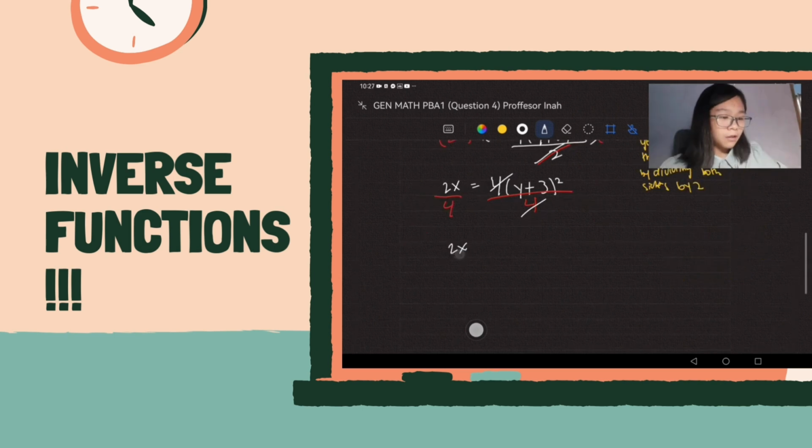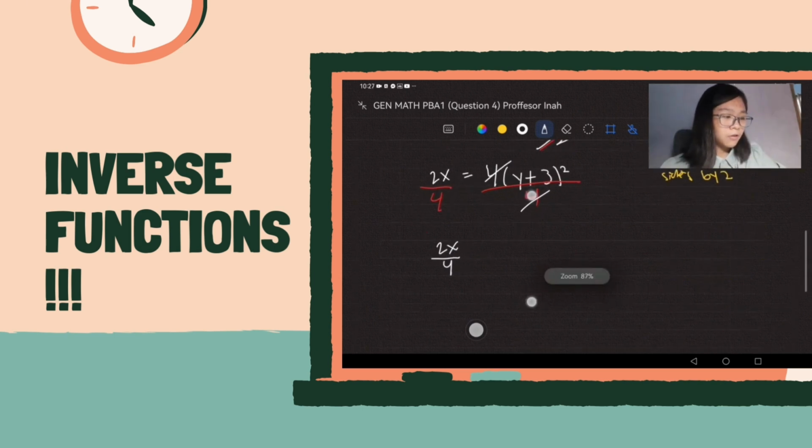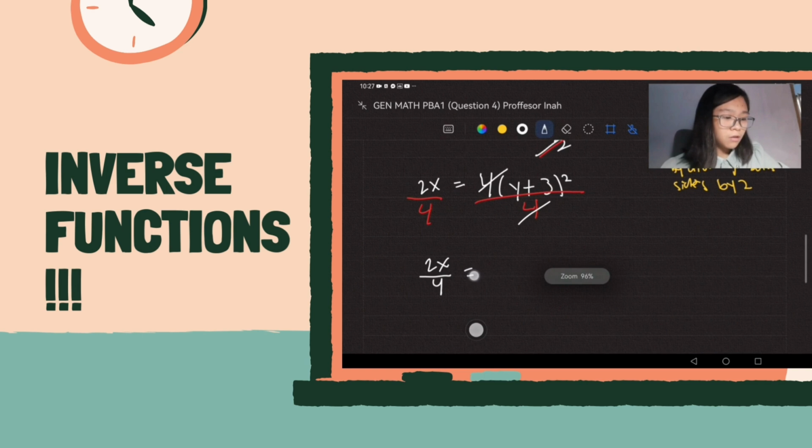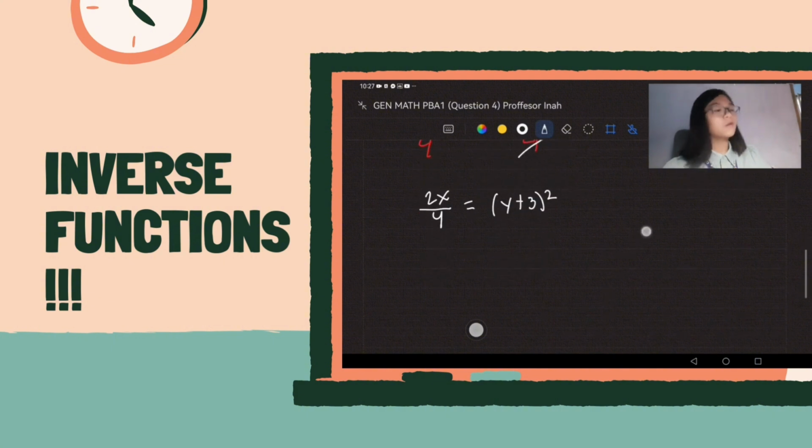The 2x over 4 is equal to, 4 gets cancelled out, so we have (y plus 3) squared. There we go. And now we will take the square root of both sides. To get rid of the exponent, we need to remove this exponent here. So let's do it.